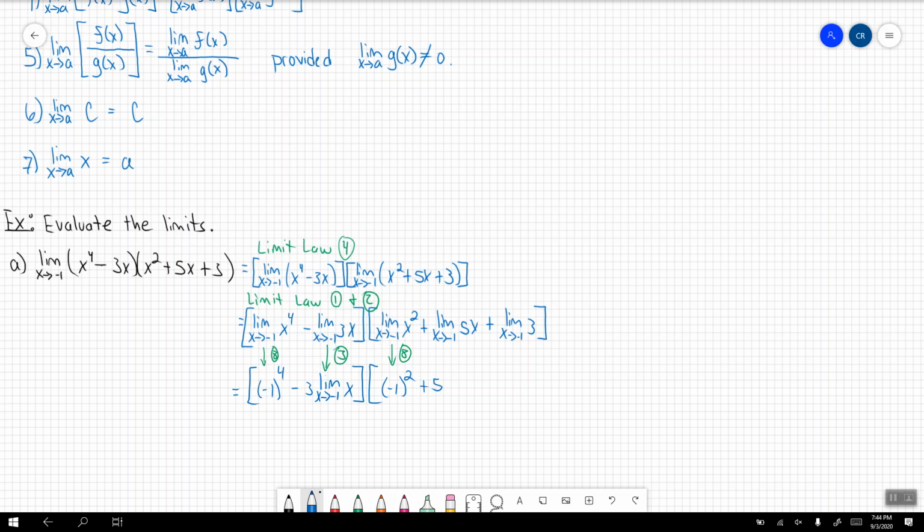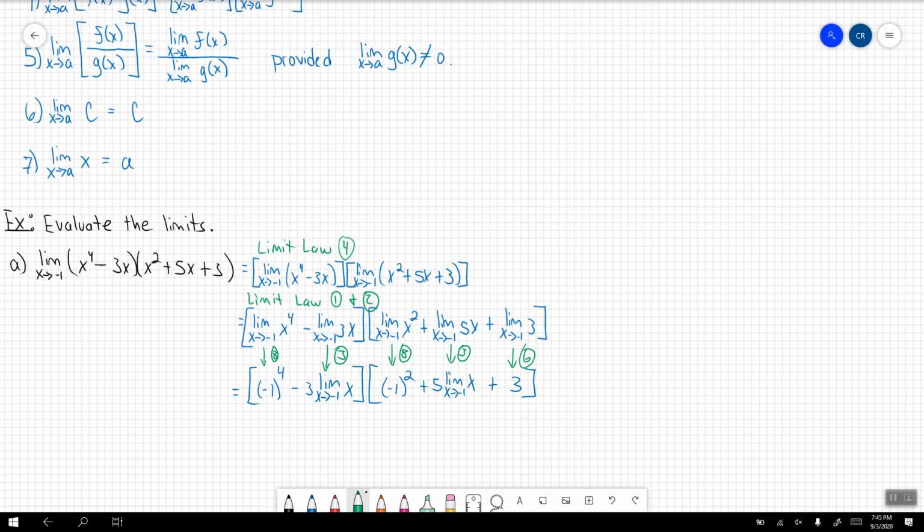For the second term, I'm going to use the law where I factor out that constant. Again, that was number 3. And for the last one, I'm actually going to use limit law number 6. Notice that 3 is a constant, so this is the limit of a constant 3 as x is approaching -1. So by limit law number 6, this tells me that I should wind up with a 3. Oops, I'm sorry. Limit law number 6.